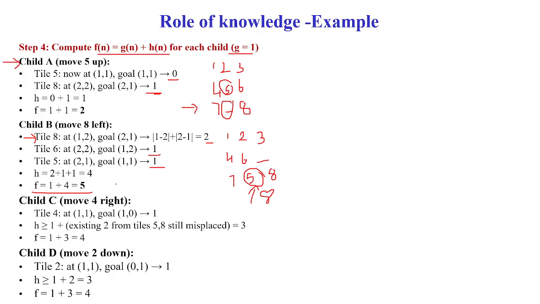Now, when we talk about child C, moving tile 4 rightward. Okay. So, what happens?